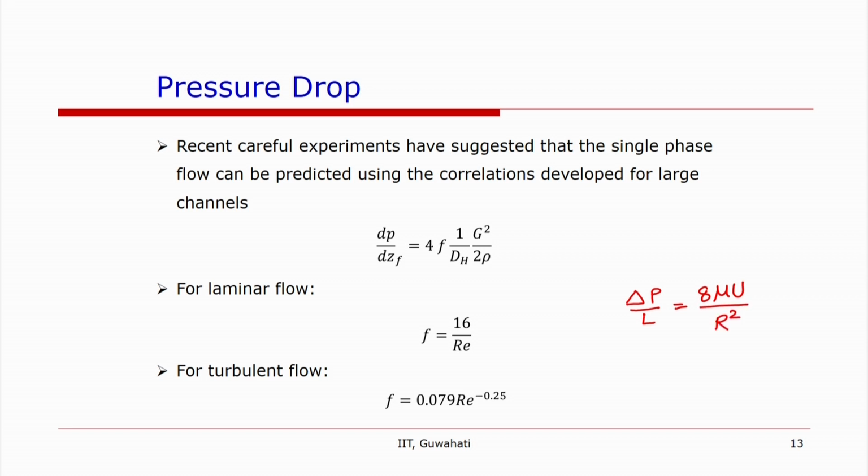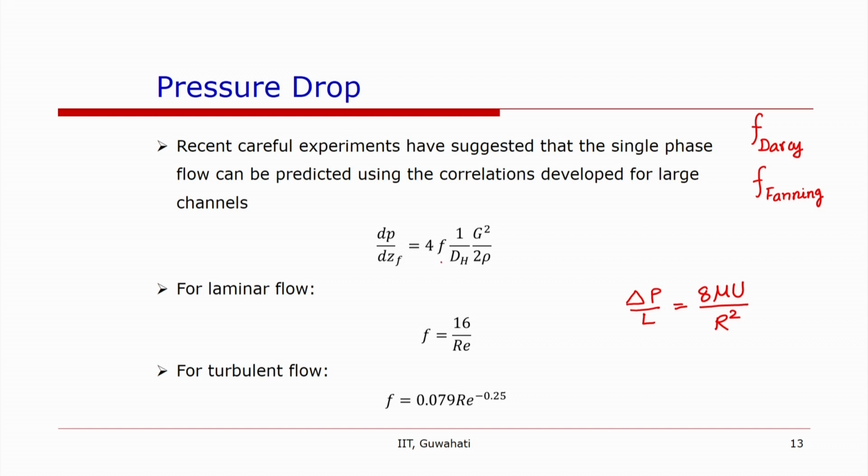Now, the pressure drop in the channel is often defined in terms of friction factor, and there are two friction factors you might remember, and it is confusing most of the time. One is called Darcy friction factor and another is Fanning friction factor. The difference between them is the definition that they have.